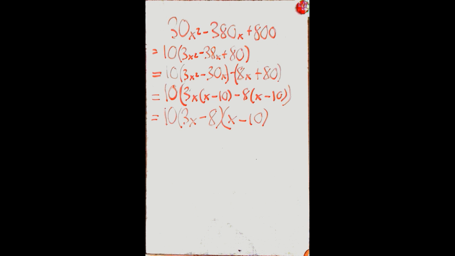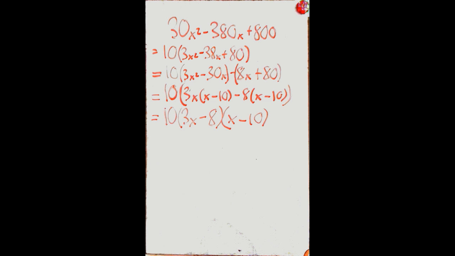We leave the negative outside of the parenthesis so we can change the sign inside, so we have the same factors when we take the greatest common factor in each parenthesis.